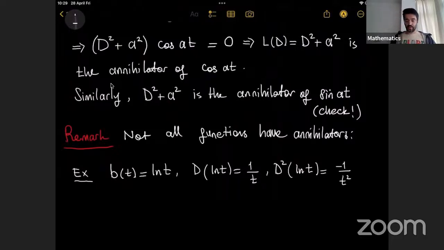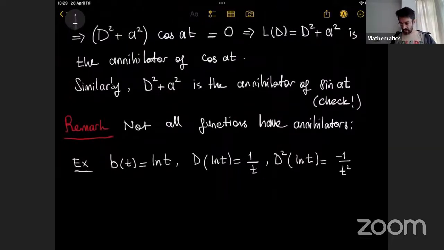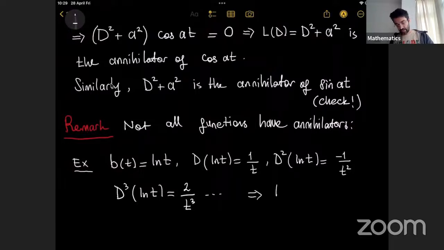And you can continue with this, d cubed ln t, for instance, 2 over t cubed, right? And you never get 0, and you don't get 0 from any combination because these functions, 1 over t, 1 over t squared, 1 over t cubed, are linearly independent. So this implies ln t has no annihilator.